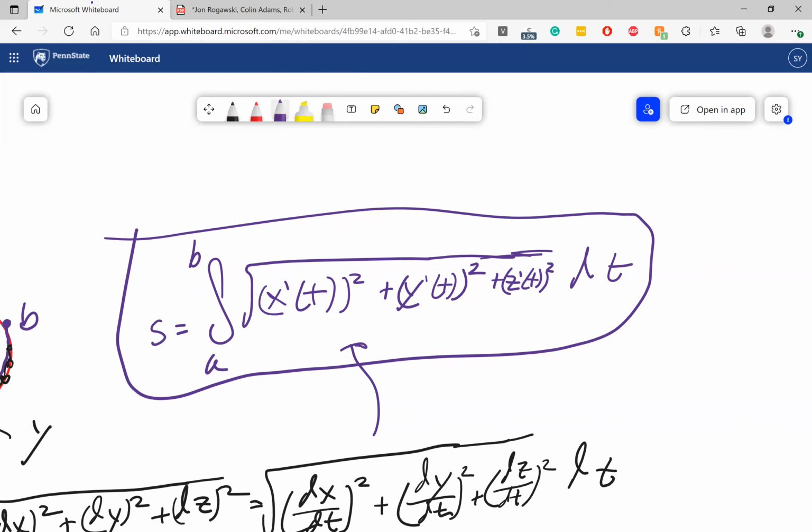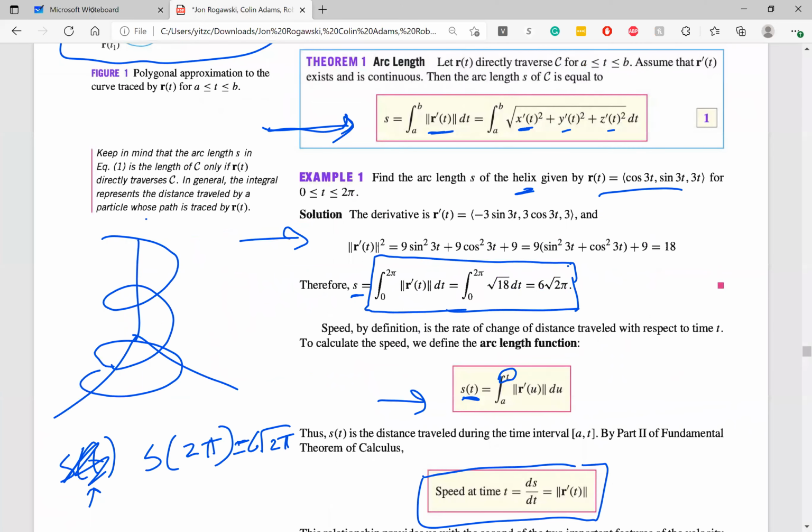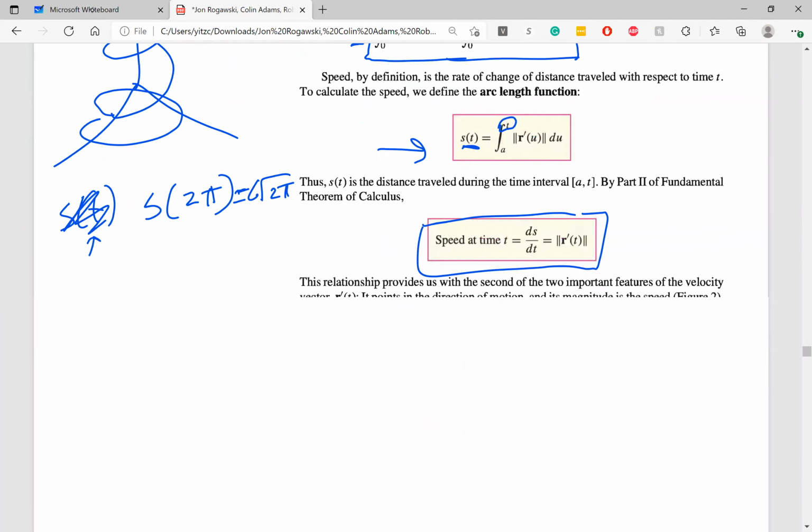If it's anything too complicated, it would be very hard to integrate. But if you have cosines and sines, then you can put them together. When you take their squares, you get 1. So that's why the helix type of problems appear quite often.